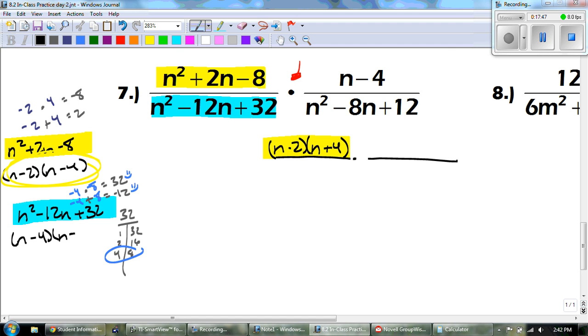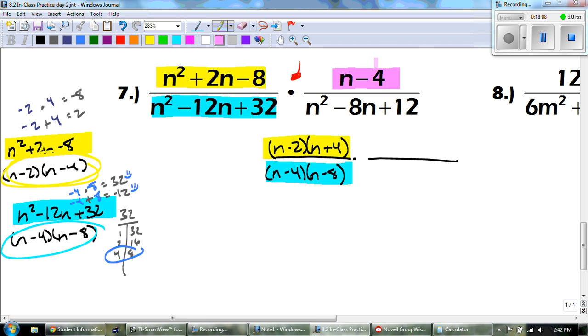And you guys might start to see that it can cancel out already, but let's just wait for us to write everything down. Now, n minus 4, I can't really do anything with that, so I'm just going to write it down. N minus 4.